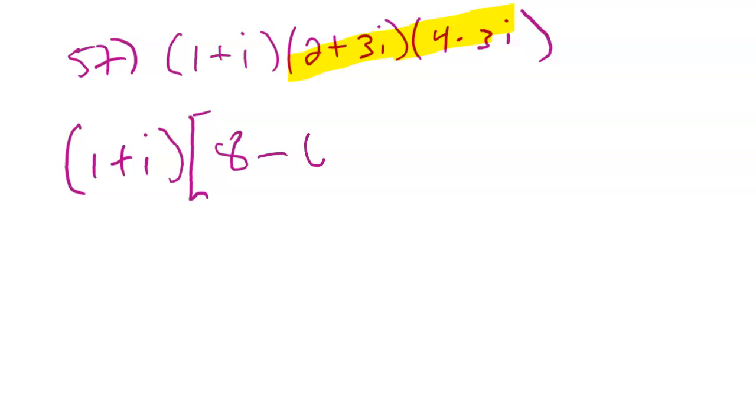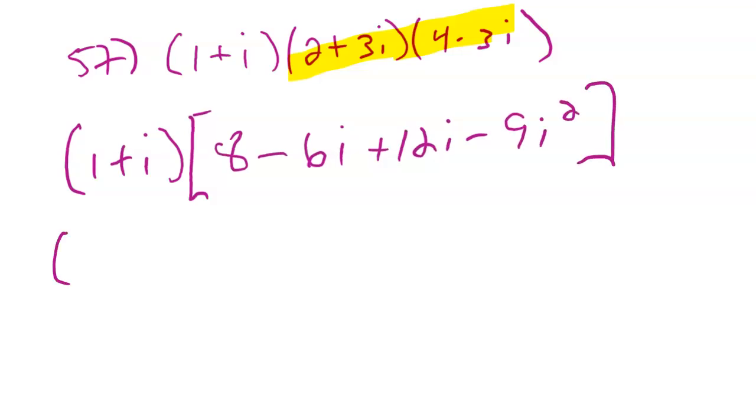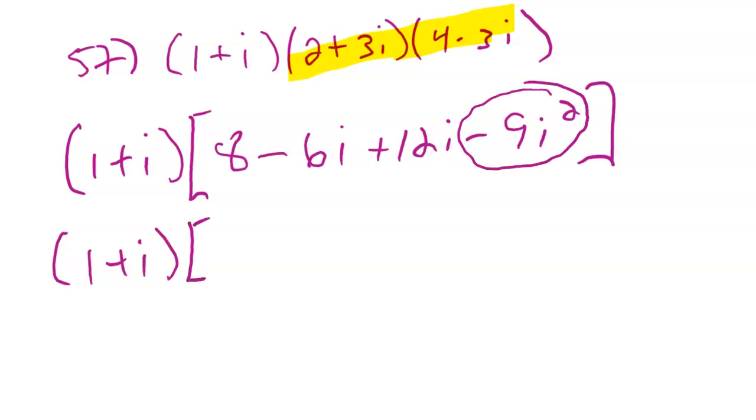Outside times outside is negative 6i plus 12i minus 9i squared. And you get 1 plus i. And this is going to turn into positive 9 because i squared is negative 1, but there's already a negative, so this turns into positive 9. 9 plus 8 is 17.